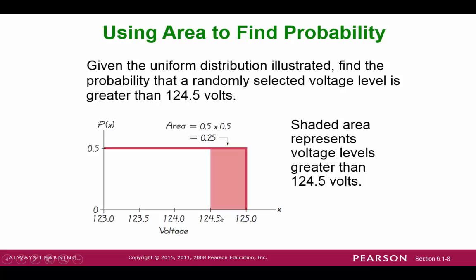So that gives a horizontal distance of 0.5 and a vertical length of 0.5, and so the area is 0.25. So we have about a 25% chance that we will get a voltage level that is greater than 124.5 volts.